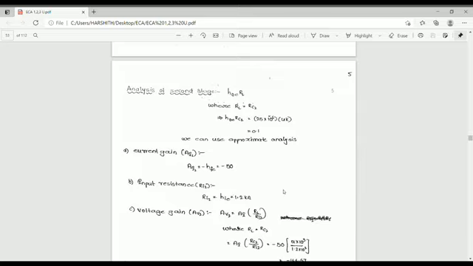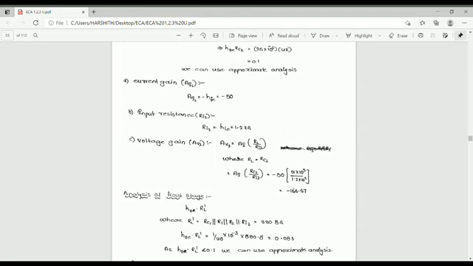That is equal to minus 166.67. So second stage parameters are: current gain is minus 50, input resistance is 1.2 kilo ohms, voltage gain is minus 166.67.